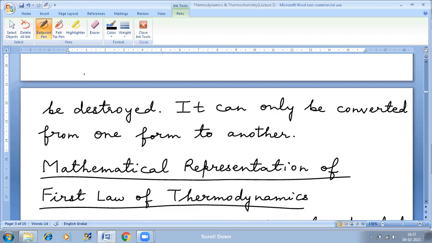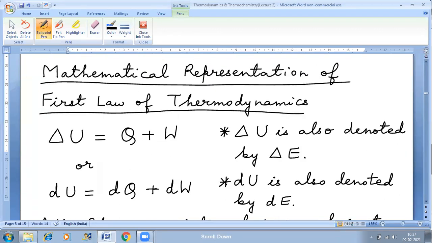Okay. Now we have to understand the mathematical representation of the first law. So this is a mathematical representation. Delta U is equal to Q plus W. Or if I want to write it in the very basic manner, mentioning very small amounts, then I have to write in terms of small d.